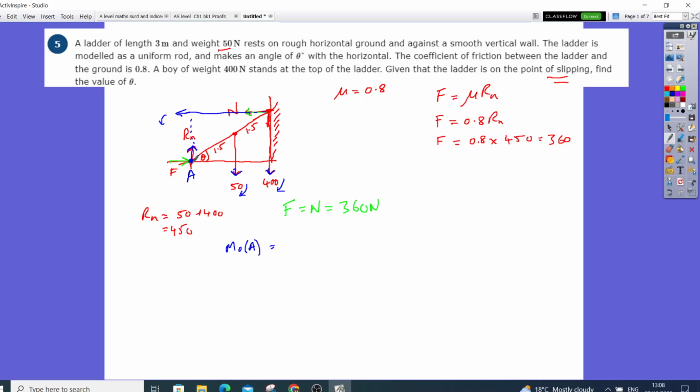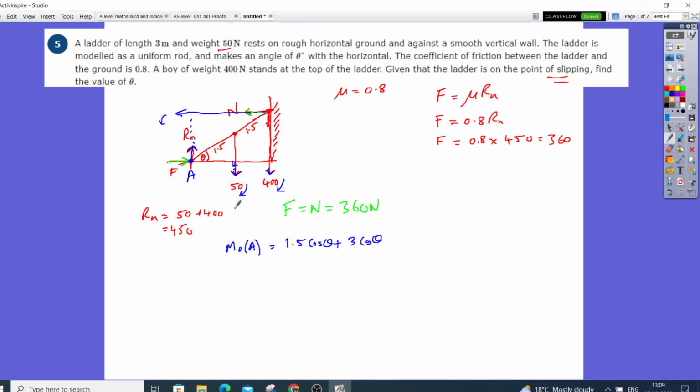The perpendicular distance to this weight, that's a hypotenuse, and this is the cosine. So this will be 1.5 cos theta. Okay, plus, now this distance is 3, and that's angle theta. This is cos theta, so that's going to be 3 cos theta.